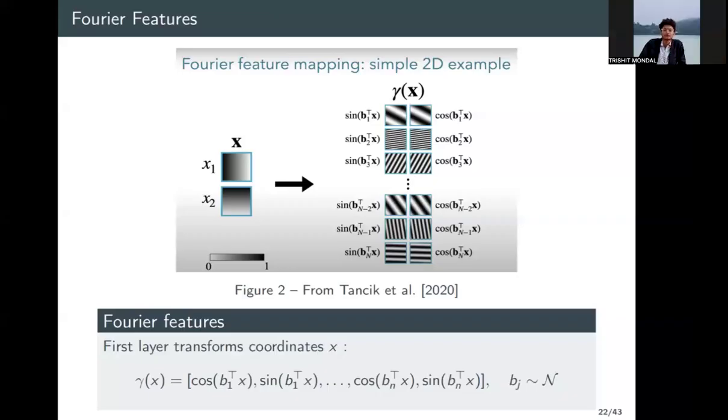One question here is that if I make this B matrix learnable, then how will that affect the optimization? That's a good question.